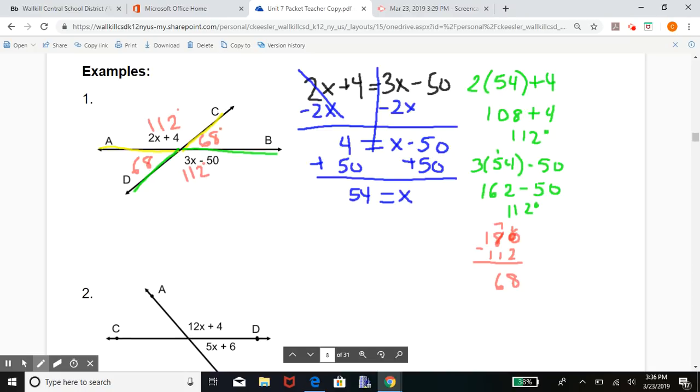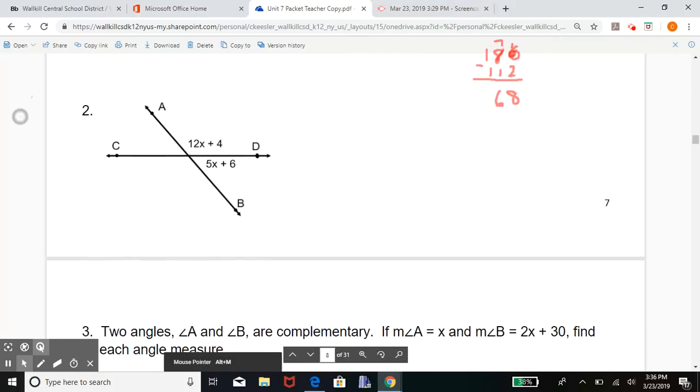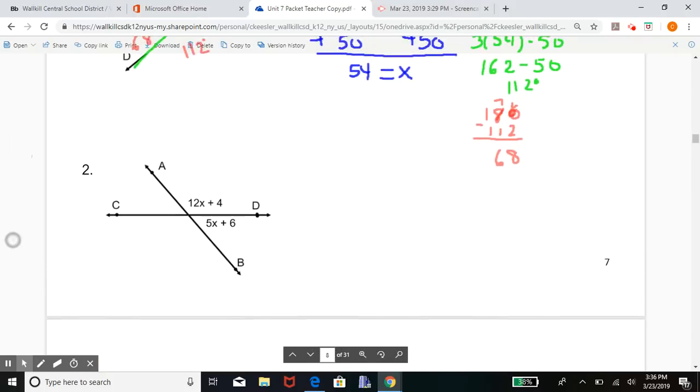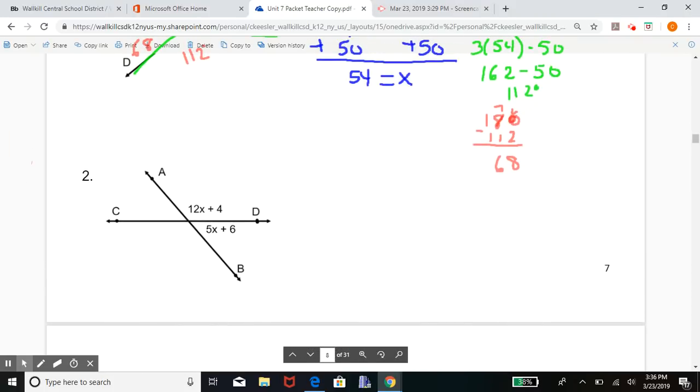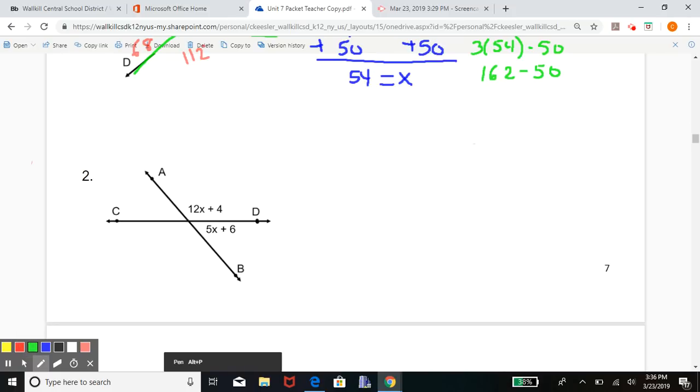Okay, so let's continue with number 2. This time, notice that the two angles that are given are right next to each other, not on opposite sides of a vertex. Also notice that there is one obtuse angle and one acute angle. Okay, so an obtuse angle cannot be congruent to an acute angle.